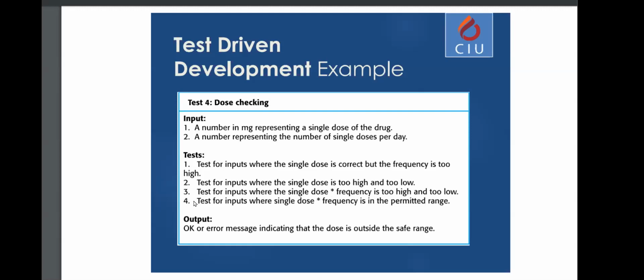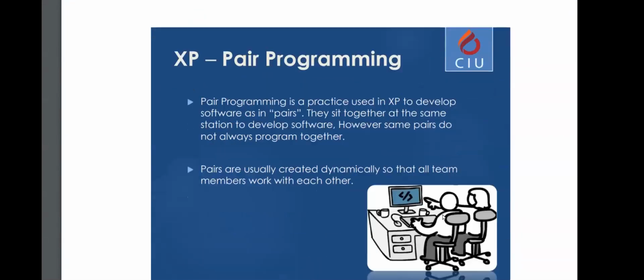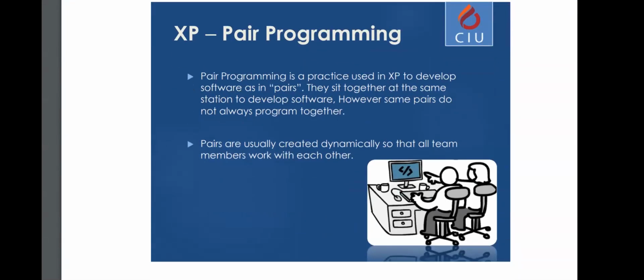Then you write down what you're going to test in that specific scenario, and you generate an output: either it is okay, or an error message is triggered to say that it is in the range or it's not. So that is a very basic example of how test scenarios work.